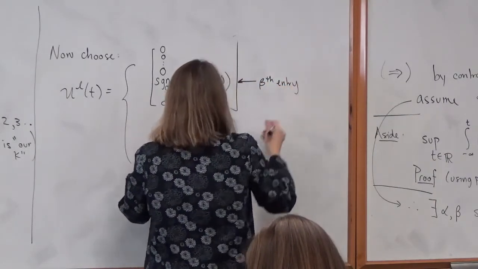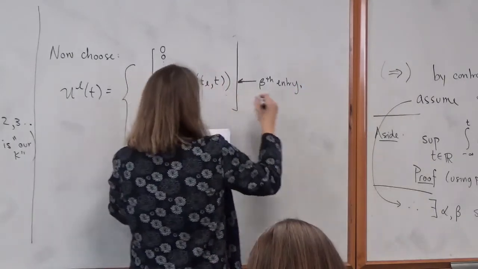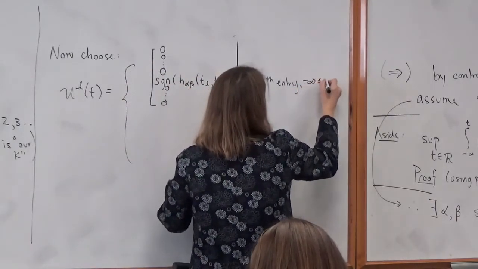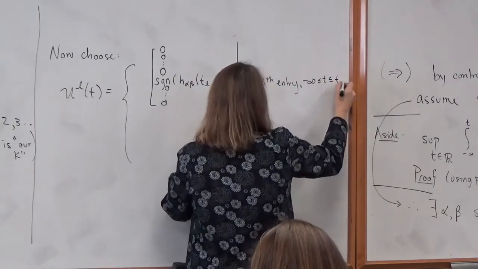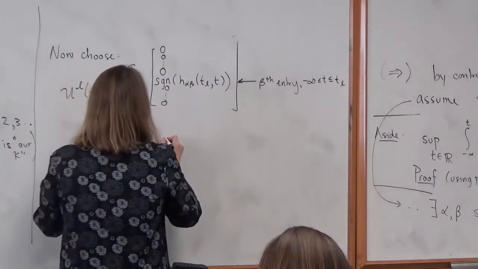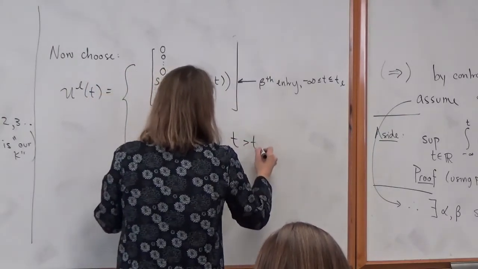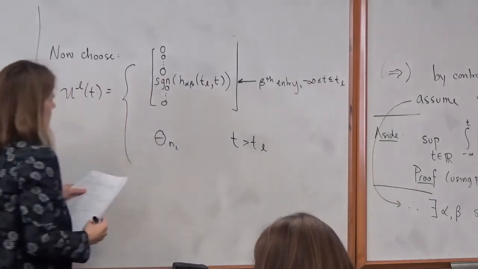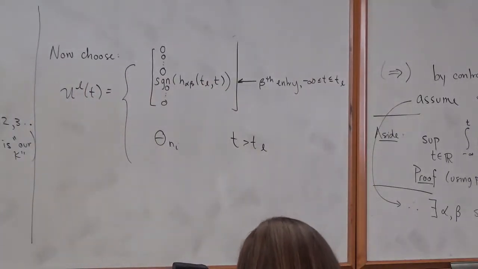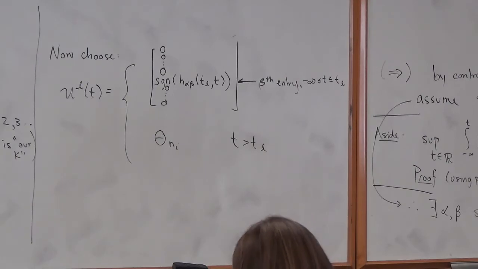Everything else is 0. And that's true for minus infinity less than or equal to t less than or equal to t_L. And this is going to be the 0 vector if t is greater than t_L. So you can imagine this funny looking vector, but it's a bounded input, and it's actually a bounded input that has norm 1.